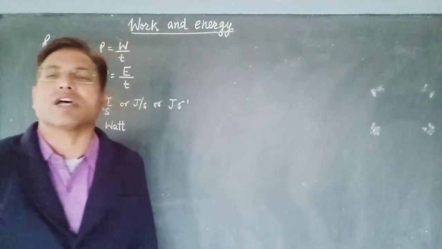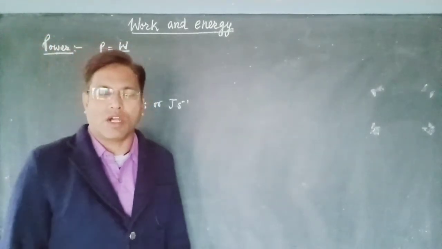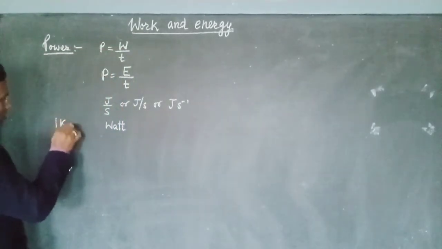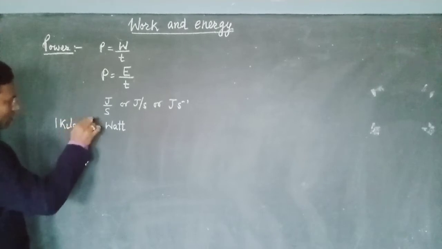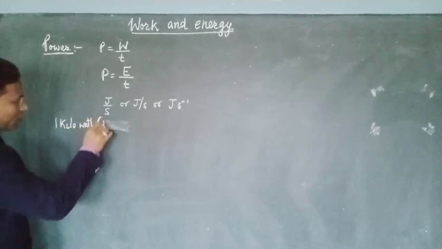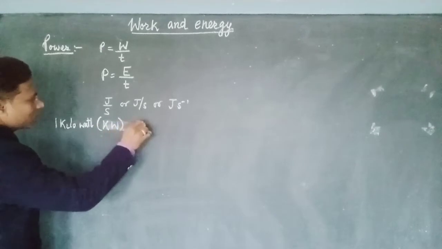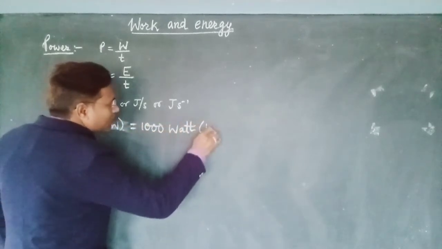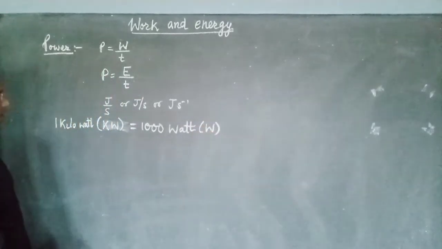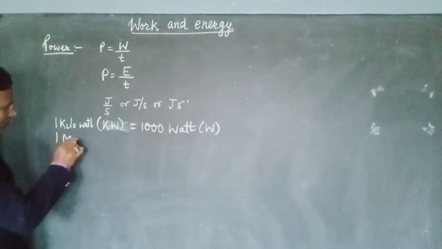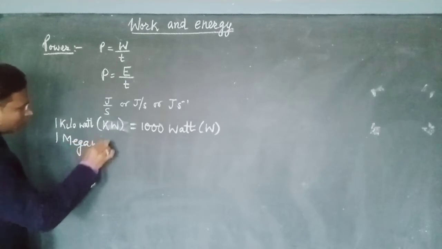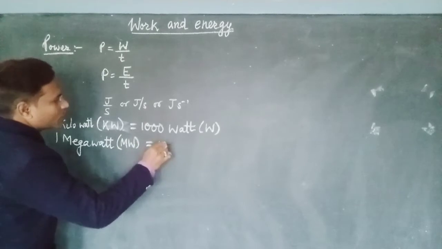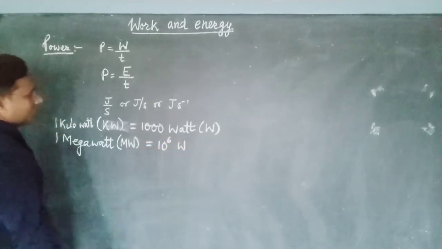The bigger units are kilowatt and megawatt. 1 kilowatt is equal to 1000 watt. We denote it in short as kW, and watt we write as just W. In the same way, 1 megawatt, MW, is equal to 10 to the power 6 watt.